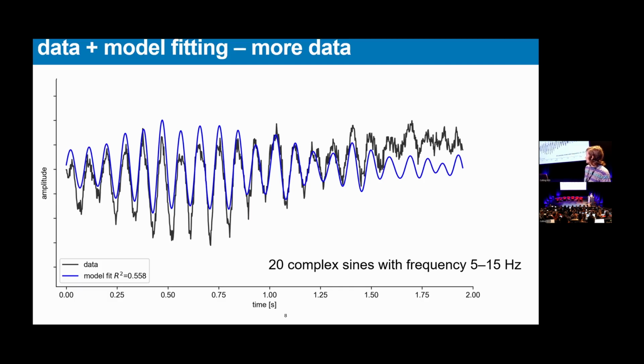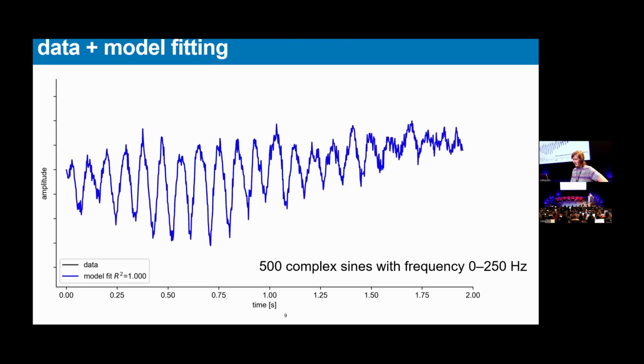And you see that some features of the data are matched quite well, like these little changes in amplitude, but others don't. But maybe it's a good direction, so I add even more factors. Let's see. Oh, wow, I achieved a perfect fit. My model is perfect just by using a lot of factors, a lot of complex sines.